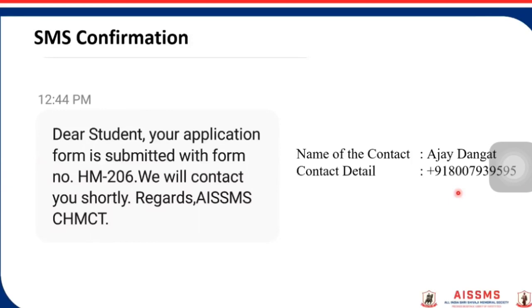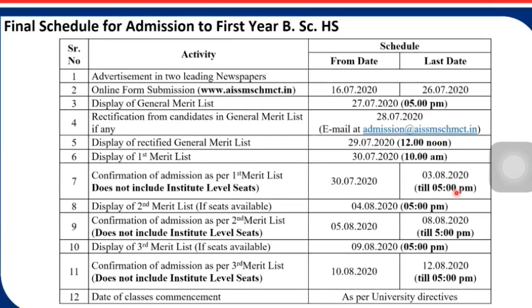Before we end this particular session, let's see the final schedule for admissions to first year B.Sc Hs. As you all know, the online form submission has already started on www.aissmschmct.in. This will last until 26th of July 2020.